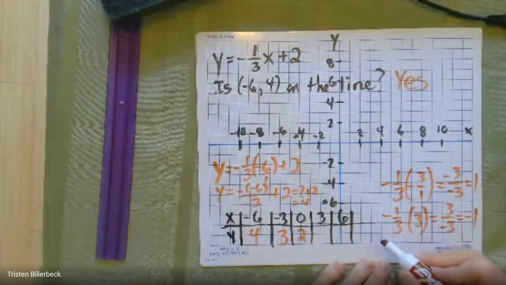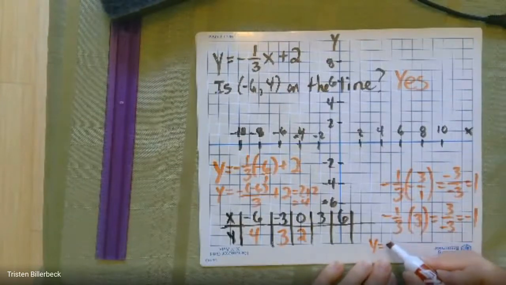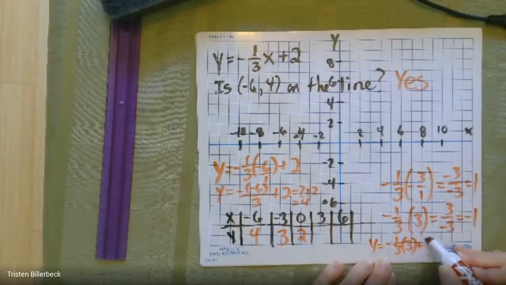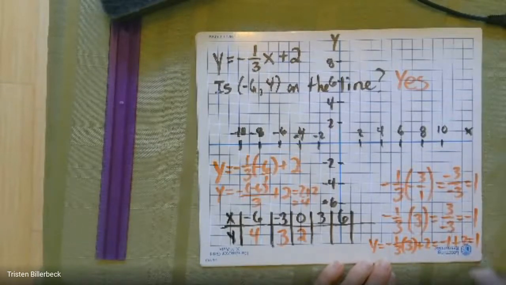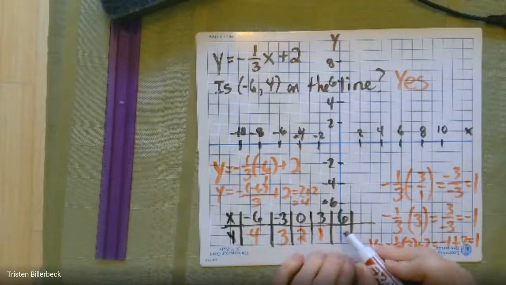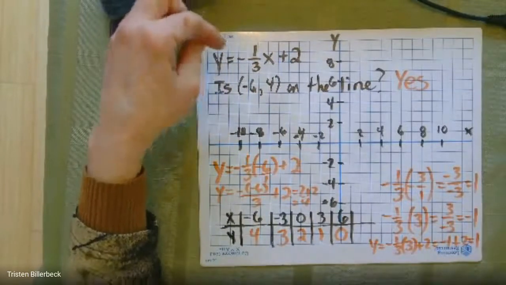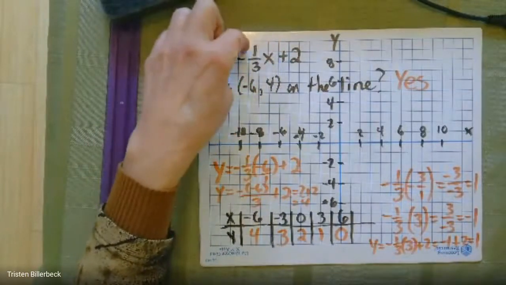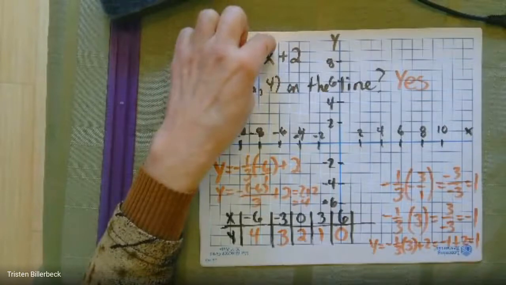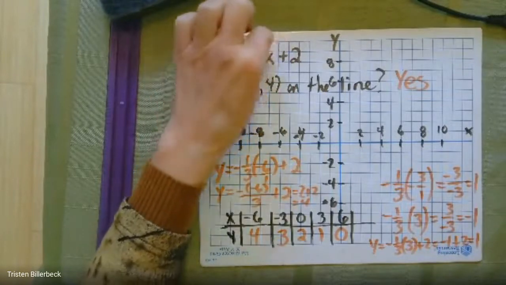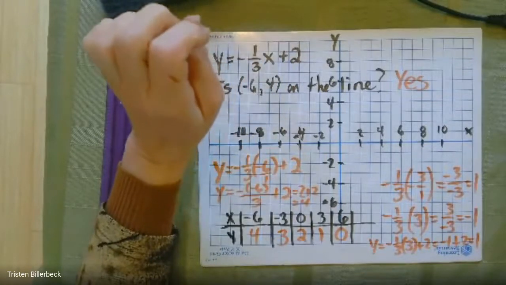So when we put this in here, y equals -1/3 of 3 plus 2, we get -1 plus 2, which is 1. So that's 1. And look, we're seeing a pattern here. We can pretty much know that this is going to be 0. But if we put in -1/3 of 6 is -2. -2 plus 2 is 0.